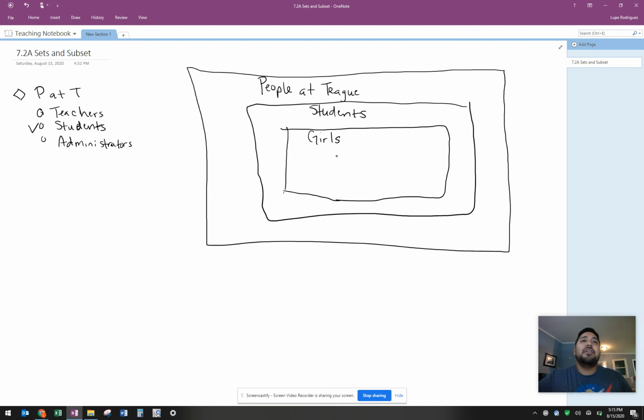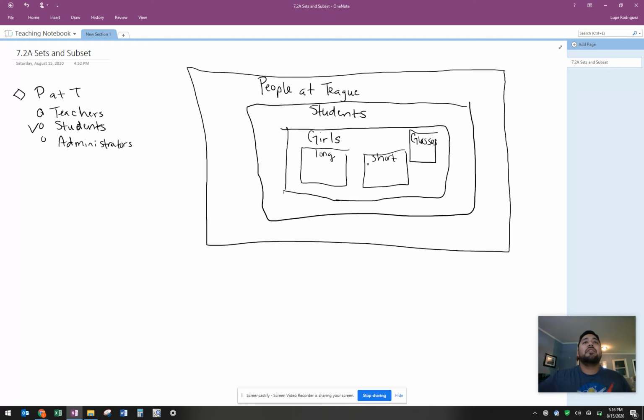Now we have different categories within this. We have girls with long hair, and then we can also have girls with short hair. We can also have girls with glasses, and there are so many different subcategories that we can do.